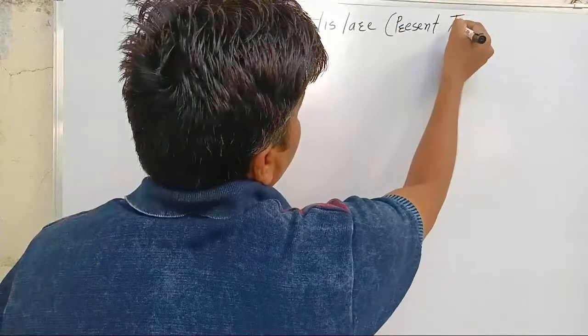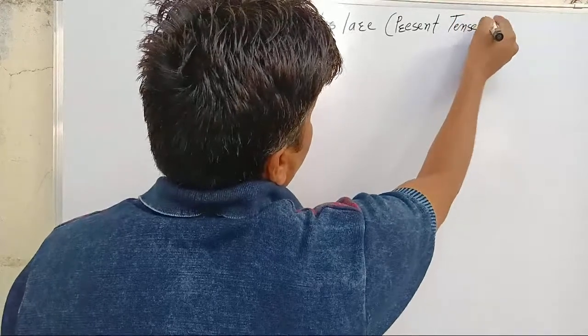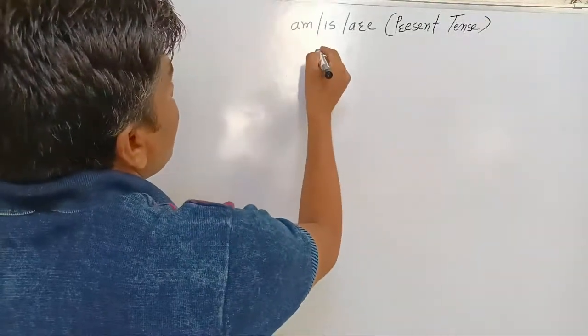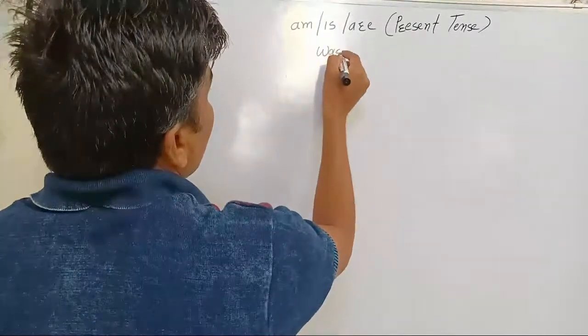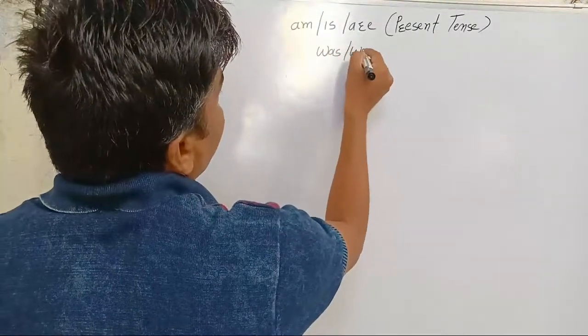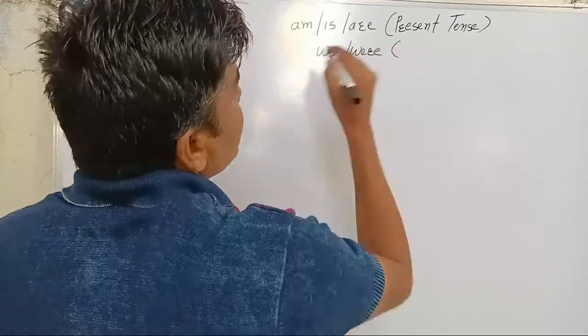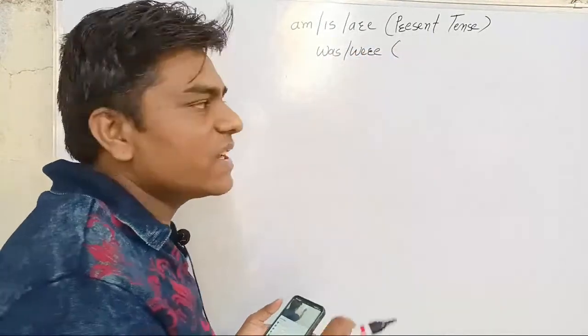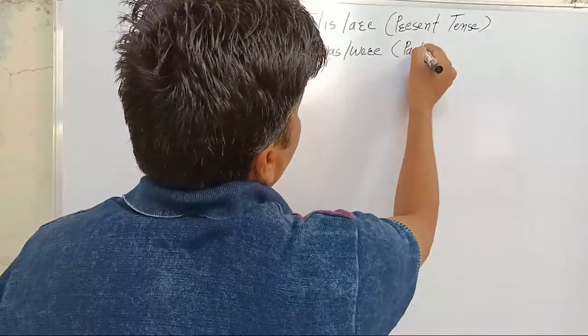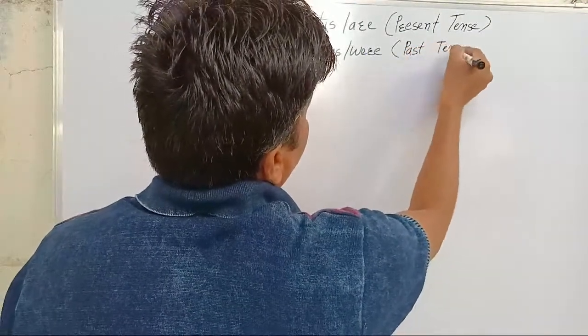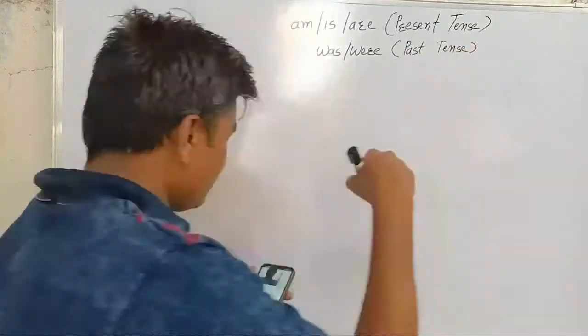Then the two auxiliary verbs here are was and were. These are the auxiliary verbs that we use in past tense. Getting?